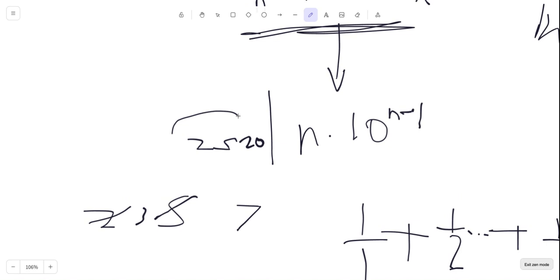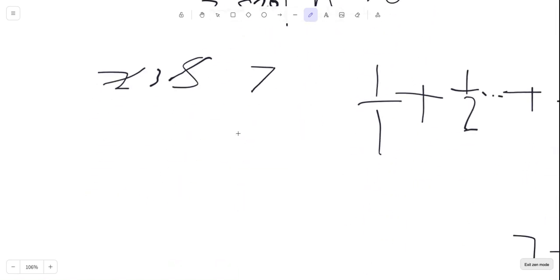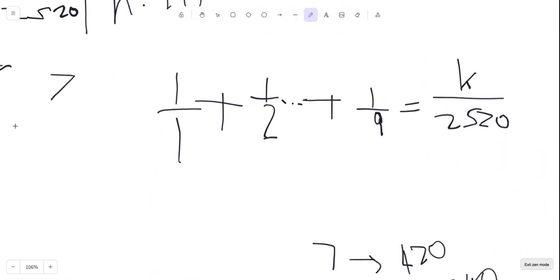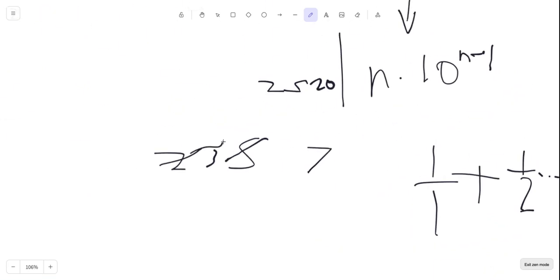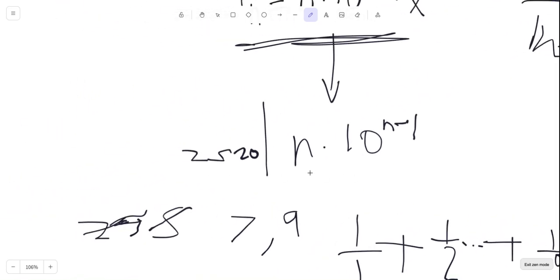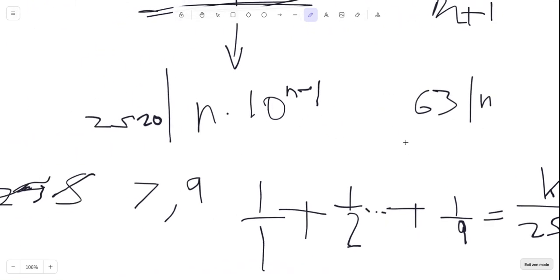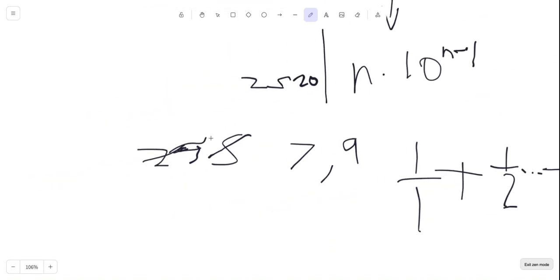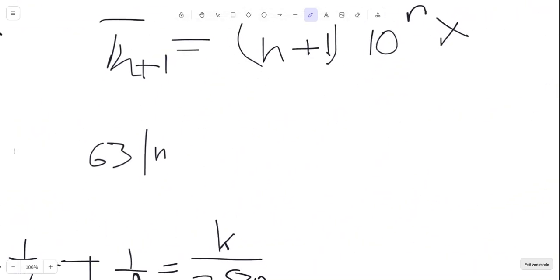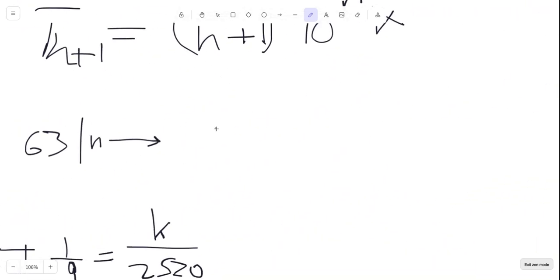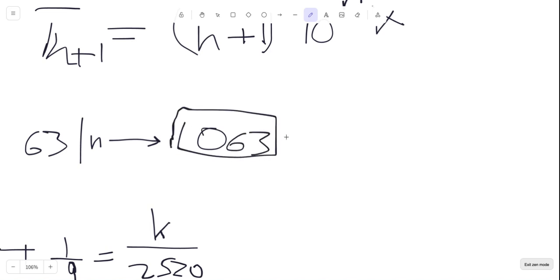So we would need our 9 and our 7 to divide it, because we have 9 over here, not just 3. So for 2520 to divide this expression, we need both 7 and 9, in turn 63, to divide n. And once it divides n, this will indefinitely divide this, because we have the 2's and 5's dividing into this, since n is really big. So the smallest n in turn is just 63. Thanks for watching, and I hope this helped you.